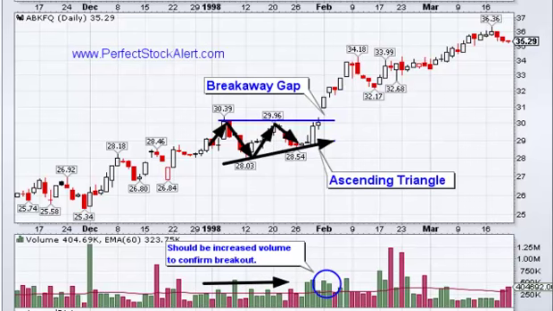All of a sudden you get what's called a breakaway gap, where the stock breaks out of resistance. Here's a resistance line, breaks out from this close up here and starts to advance, and it does so on increased volume compared to the previous volume levels. Okay, it is very important to note the volume level. It should be increased volume to confirm the breakout, and this is true for both bullish or bearish breakouts.